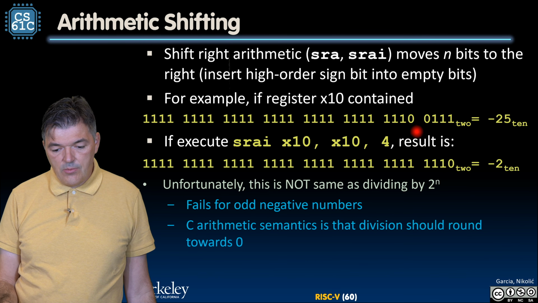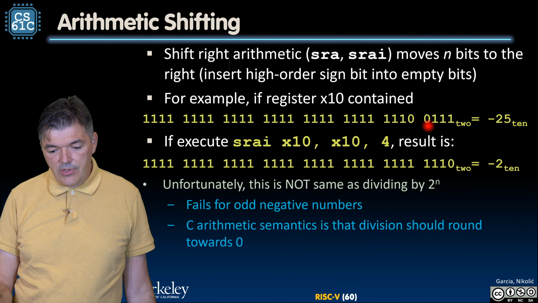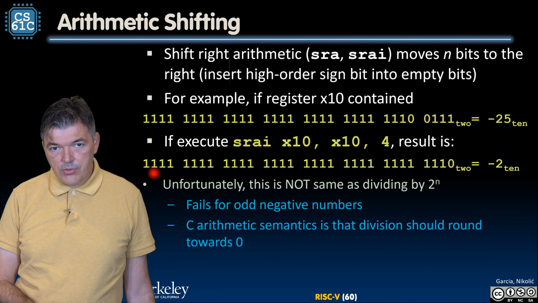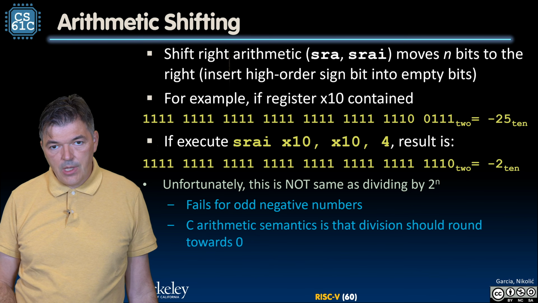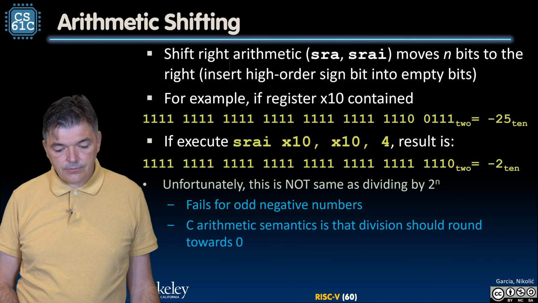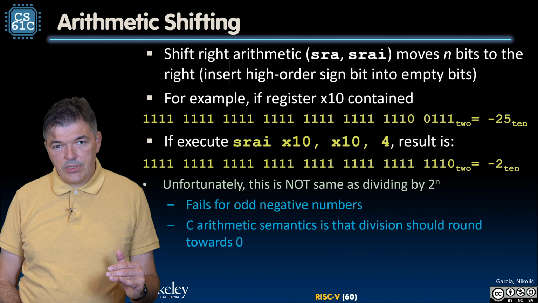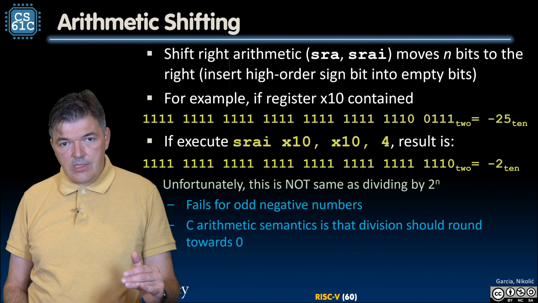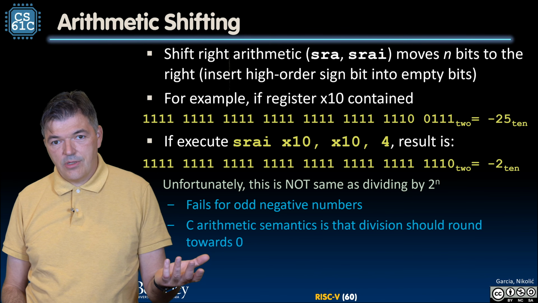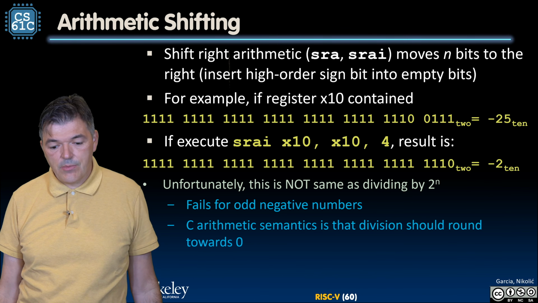We will shift everything to the right by 4 bits and fill the topmost bits all with ones. What's the result of this? It's kind of close to a division. We took 25 and divided it by 16, and we ended up with 1 point something, minus 1 point something.